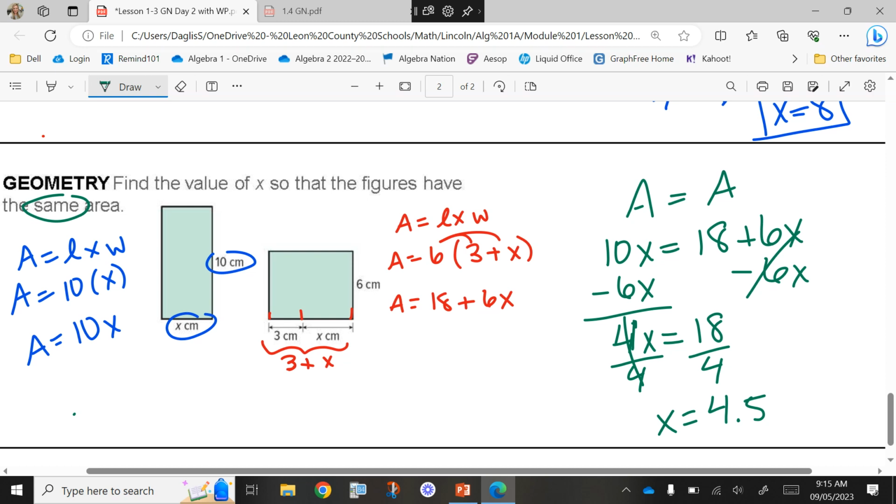So you were good to know it's in between those numbers. So if we had an x value of 4.5, their areas would be the same. A nice bonus question would be, what is the area? Meaning I would want you to plug it back in and see what the areas would match up to be.